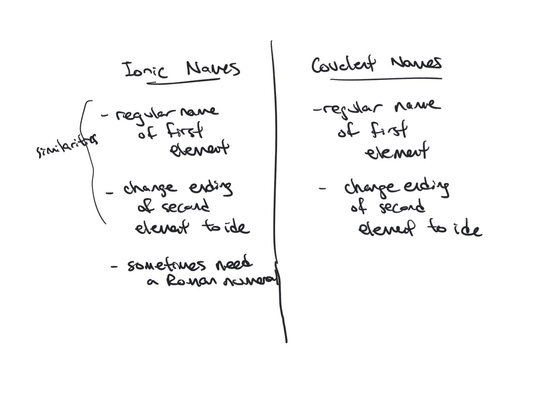For things like iron, copper, tin, lead, those are all multivalent metals, and you will need a Roman numeral when naming them. And in covalent compounds, you will never use Roman numerals.